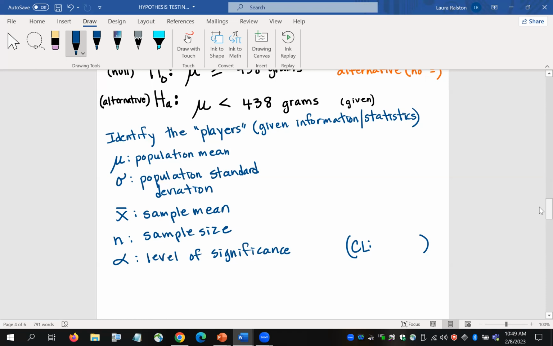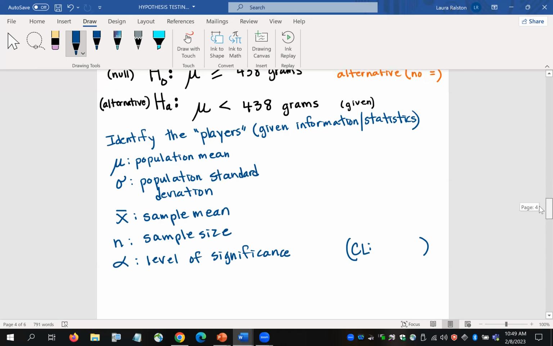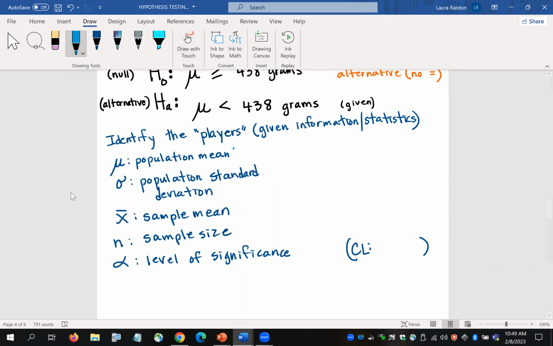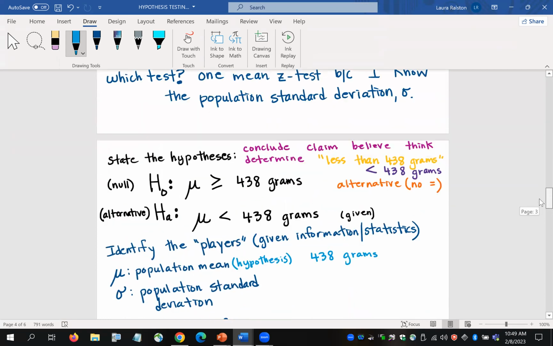All 5 of those things are given in the problem. The population mean itself is the value that you have in the hypothesis. And so for this problem, that would be the 438 grams. And then I'm going to have to go back and read the problem again.